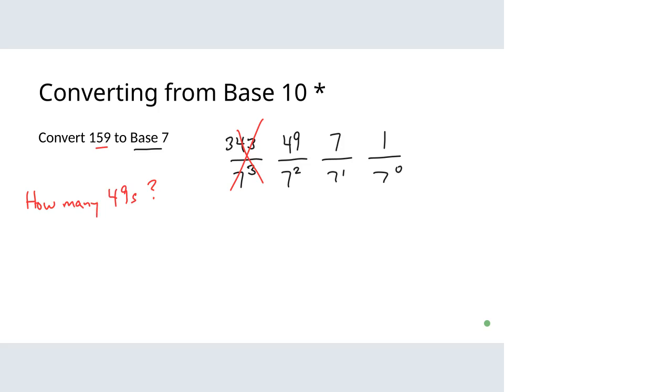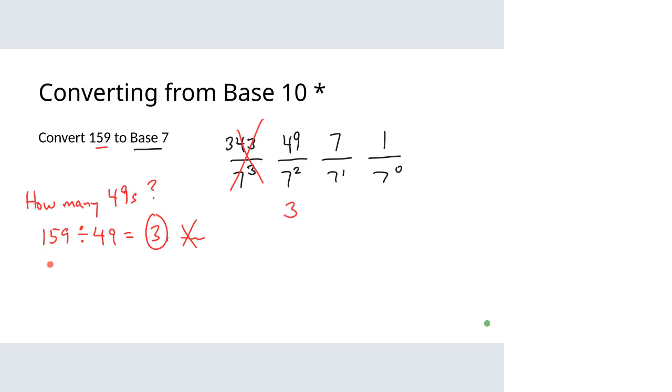Now this one I can't really do in my head, so here I'm really going to divide it. 159 divided by 49. And that's 3 point something. Something doesn't matter, but the 3 does. So we know we're going to start out with a 3 in the 49's place.